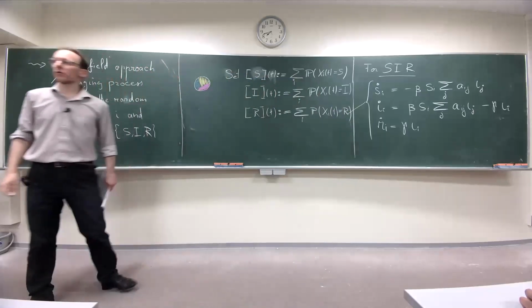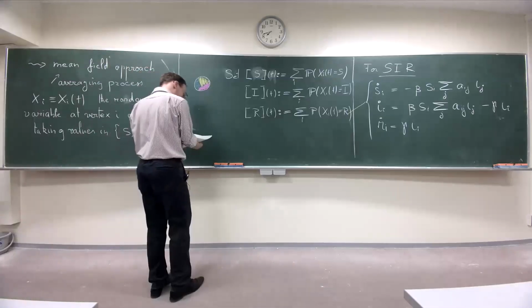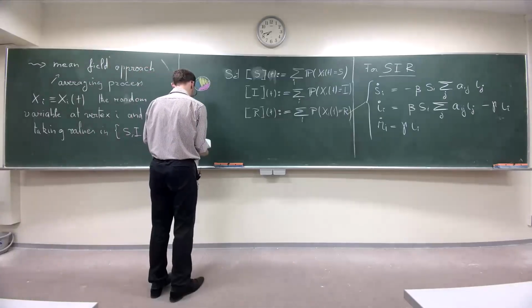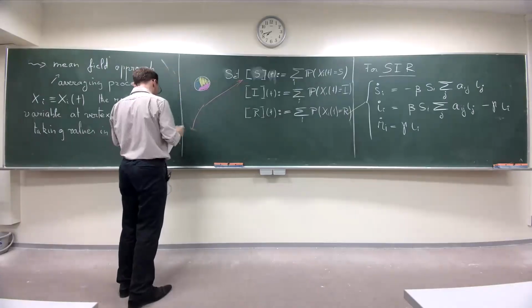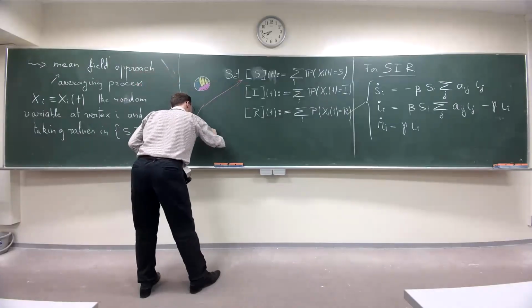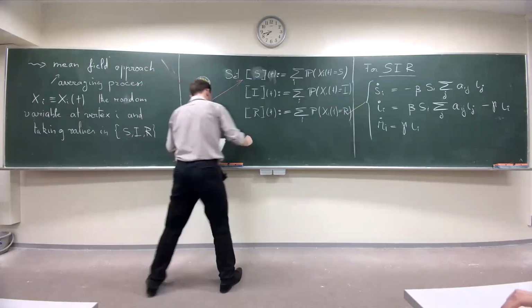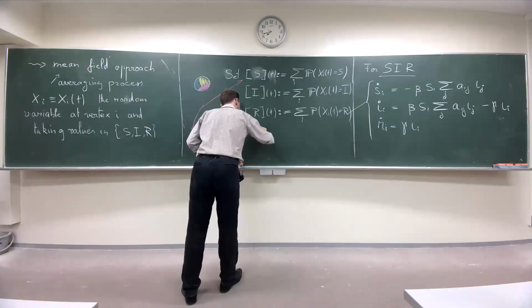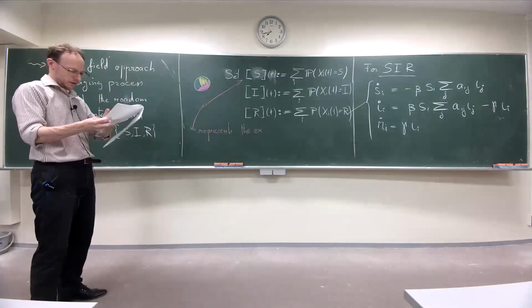So I sum the probability on all vertices. It's a sum of probability.